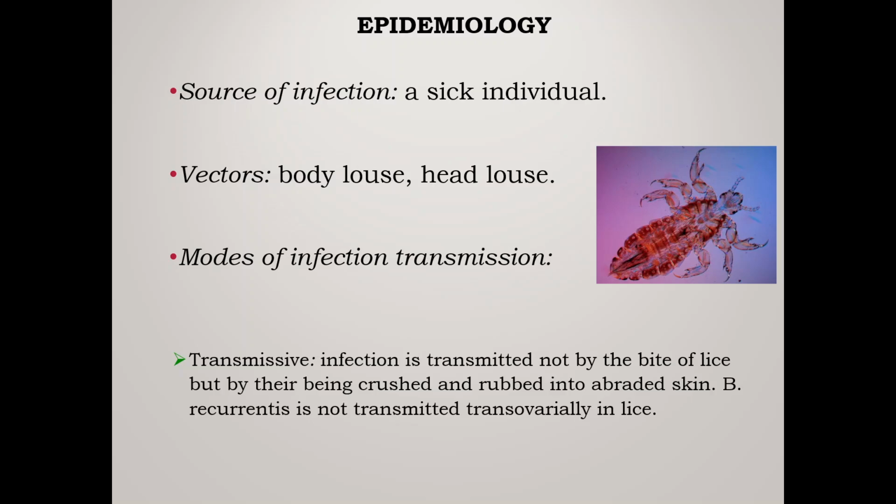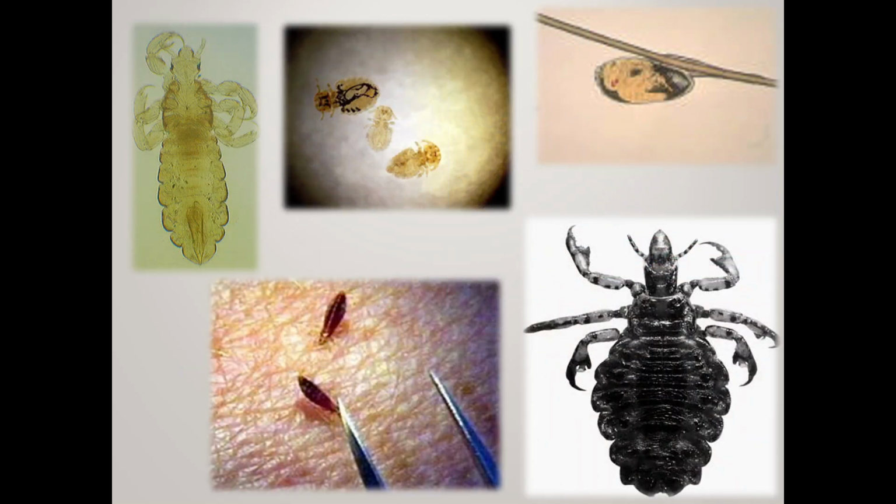Borrelia recurrentis is not transmitted transovarially in lice. Next, on this slide you can see body lice, which are vectors that transmit the infection from a sick individual to a healthy individual.